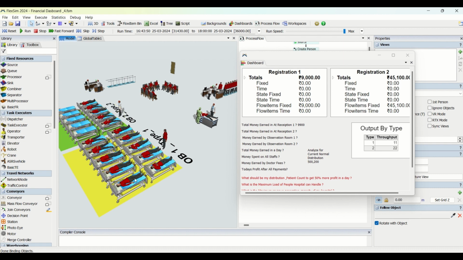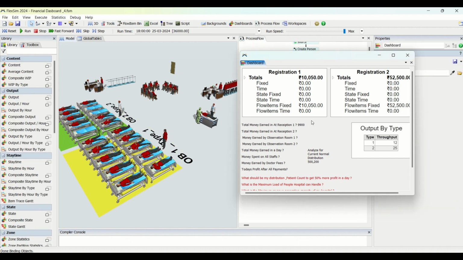Observation 1 has a waiting time of 4 hours, observation 2 has a waiting time of 2 hours, and I have allocated only 30% to OB1 and 70% to OB2. But still, my OB1 is getting fulfilled based on its waiting time.